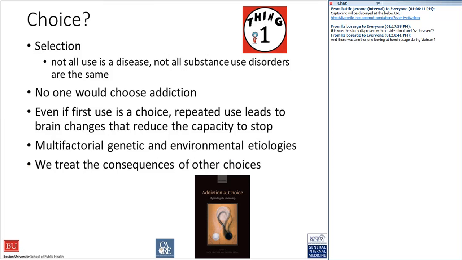And we already know that there are multifactorial genetic and environmental etiologies. And frankly, we treat the consequences of other choices too, so it should be no different here. We do bypass surgery, even repeated coronary artery bypass surgery for smoking-related diseases, and smoking is an addiction too, and yet that's viewed somehow differently.